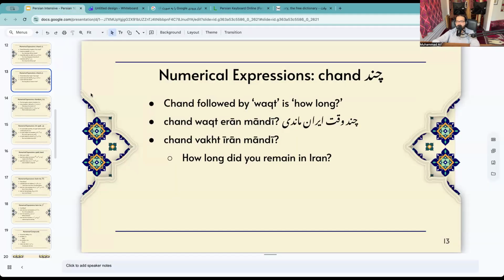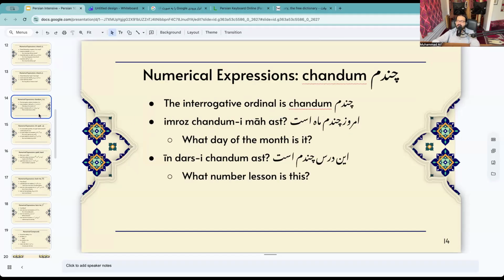All right. Great. So chand vaqt Iran mandi, literally how long Iran you remained. How long? Chandom, you just add an om in front of chand. You can get a hint for what it's asking for. It's asking for an answer.